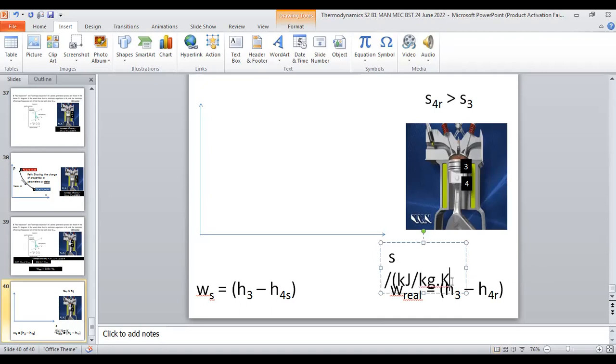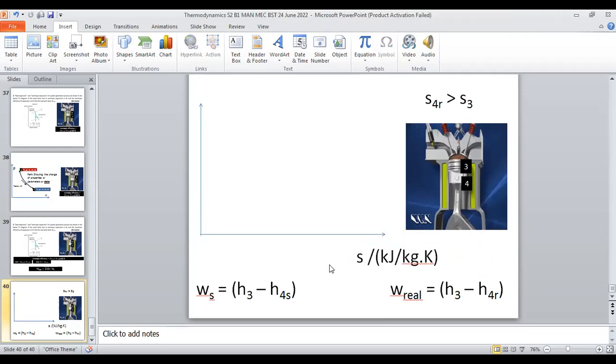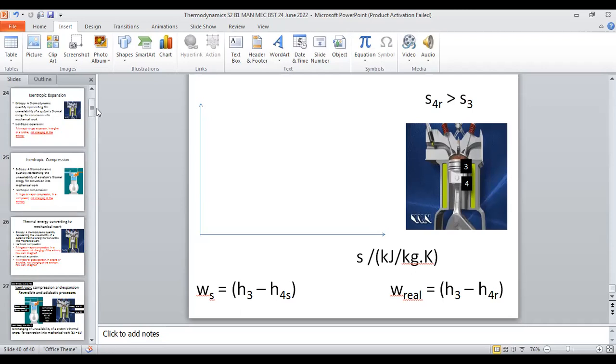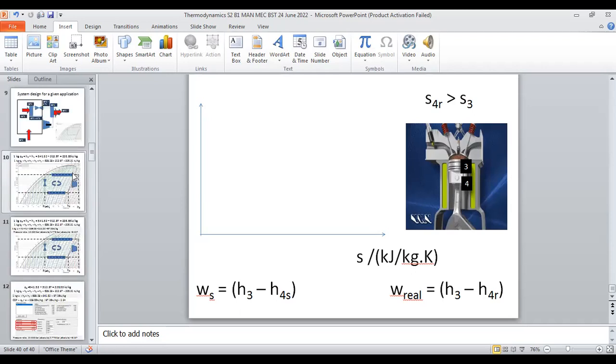Entropy as a calculated property. You have learned. It's a very important property. S-axis. Okay. And because of this, work can be seen as the differences in enthalpies. We have learned about this, differences in enthalpies in the previous sessions.